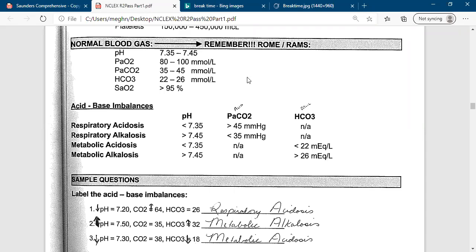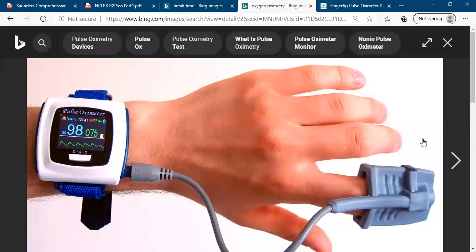So if we see the saturation of oxygen is less than 95 or 94, we give them oxygen. Sometimes a question comes to the board. This is the pulse oximetry. We can check the patient's oxygen level. Sometimes the board asks a question, which patient do you have to see first? Prioritization.